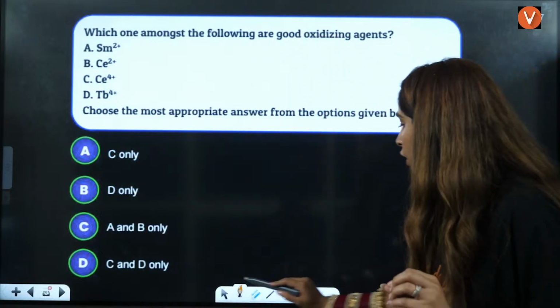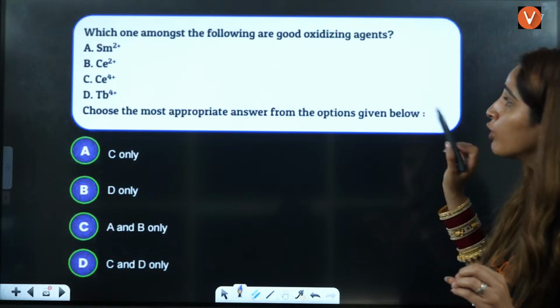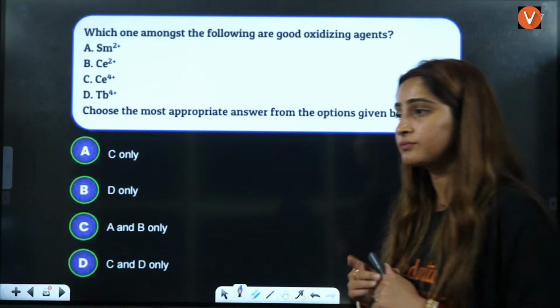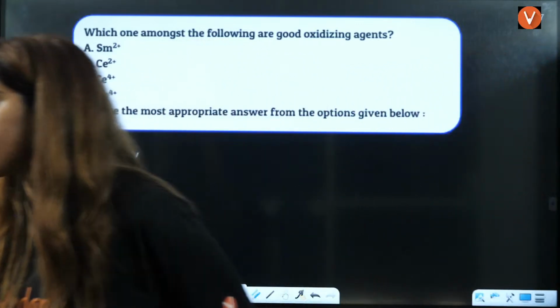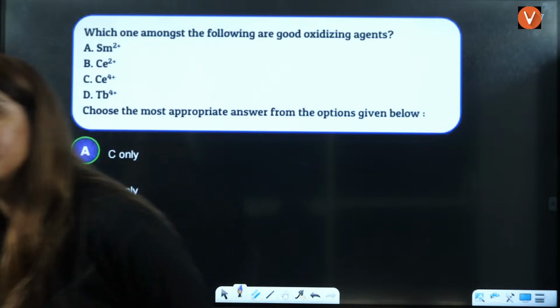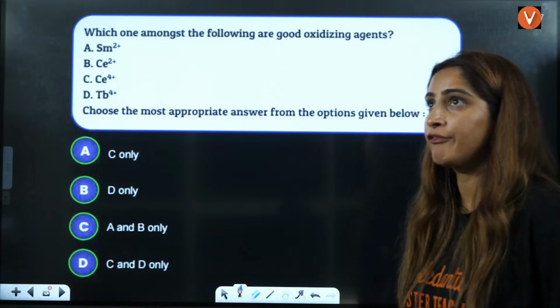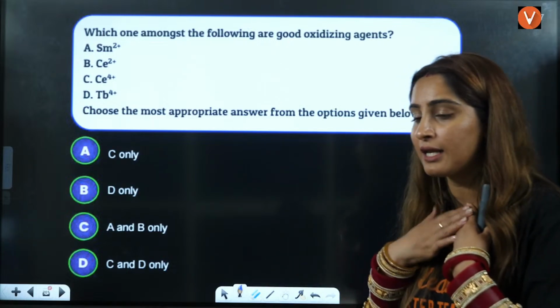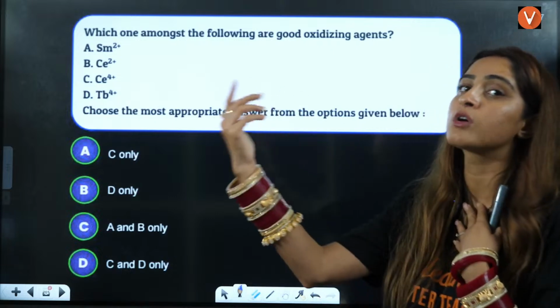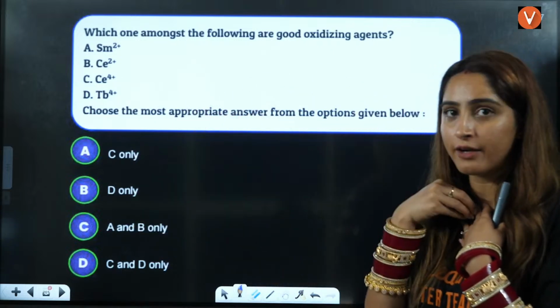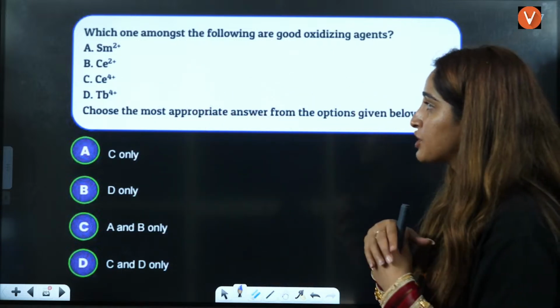Which amongst the following are good oxidizing agents? For a good oxidizing agent, what do you need to have? But I'll tell you in the end. If I'm a good oxidizing agent, I'll oxidize someone, increase the oxidation number of someone, and I'll get reduced myself. I'll decrease my oxidation number.